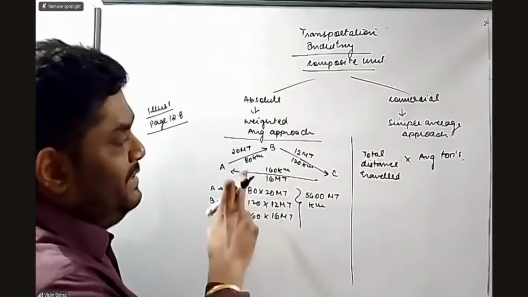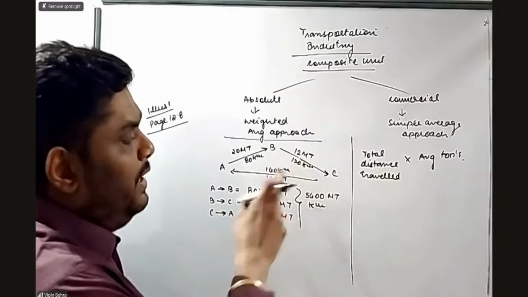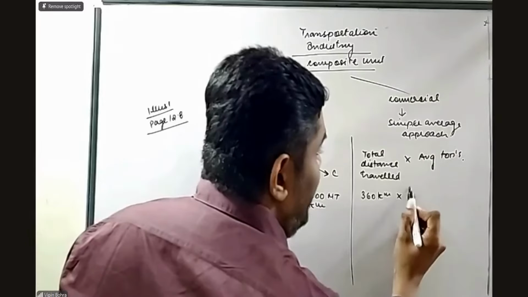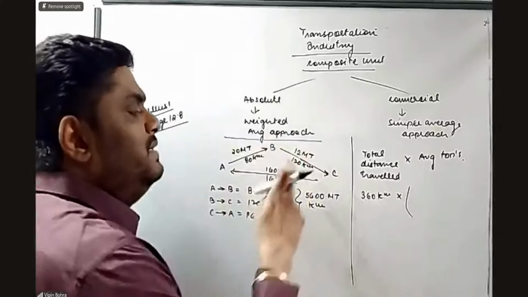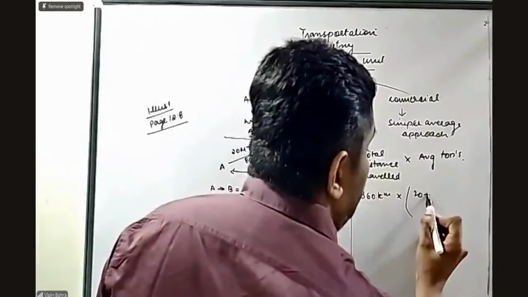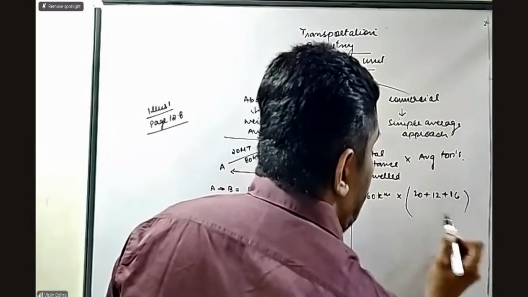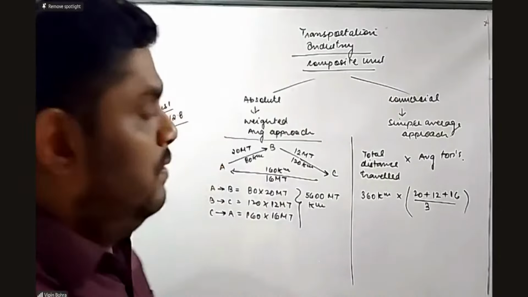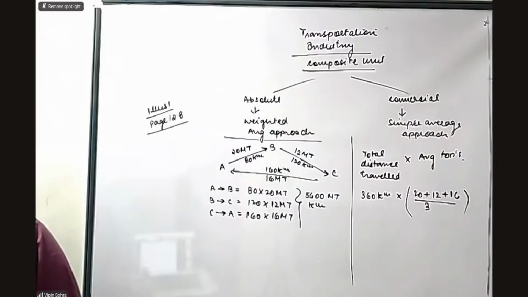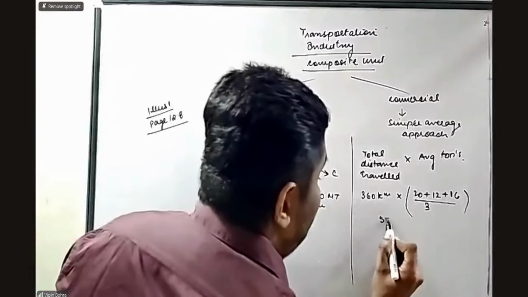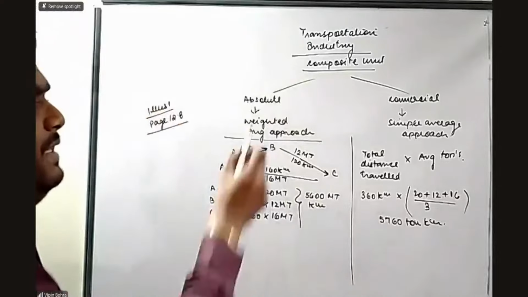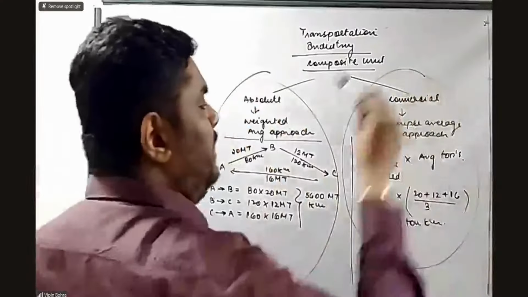The distance traveled is 80 plus 120, 200, plus 160, 360 kilometers, multiplied by average tons, that is 20 plus 12 plus 16, divided by 3. So this will be 5,760 ton kilometers. So these are the two approaches to calculate the composite unit.